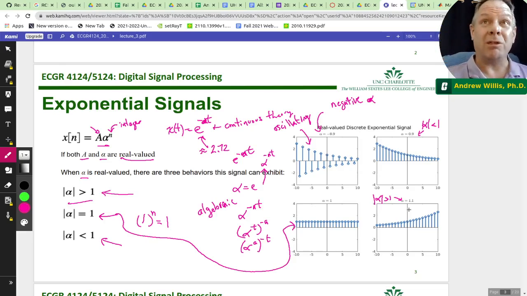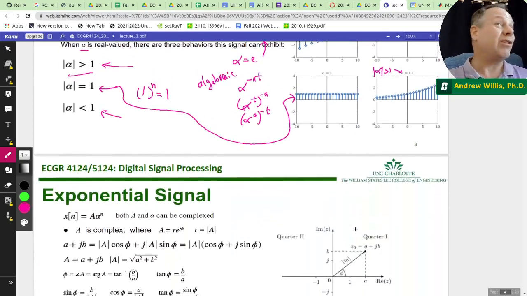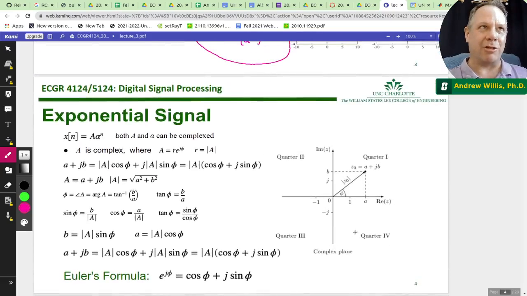So there are 6 different kinds of signals that you can see for just a real valued exponential signal: exponentially decreasing and not oscillating, exponentially decreasing and oscillating, exponentially increasing and not oscillating, exponentially increasing and oscillating, and then constant and not oscillating, and constant and oscillating, say if alpha were equal to -1. So there are 6 faces to the real valued exponential signal.